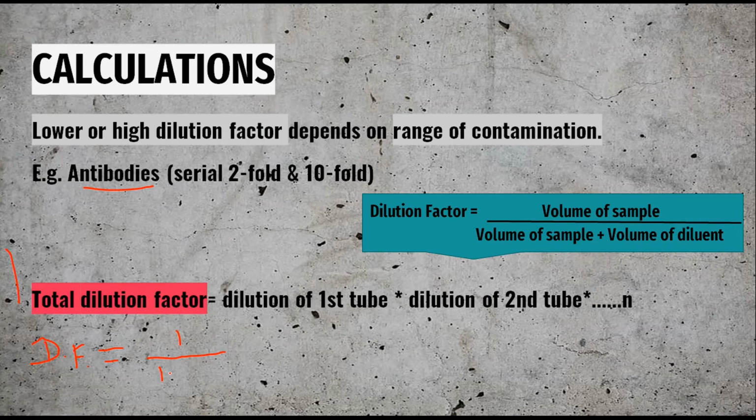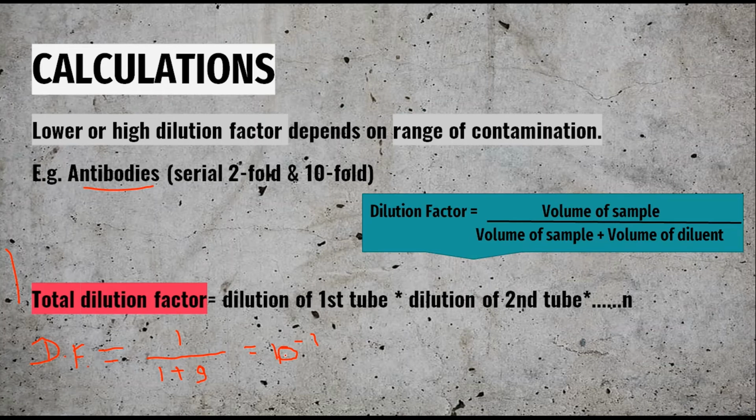Then 1 plus 9 ml, when the volume of diluent is 9, right? Then it will be equal to 10 to the power minus 1.